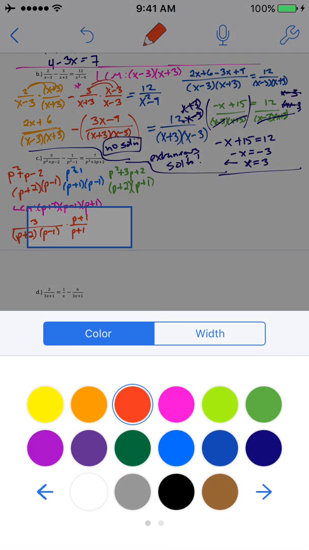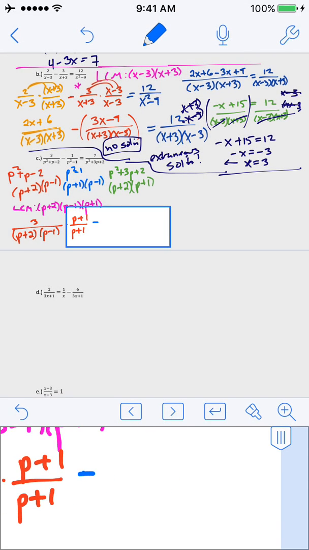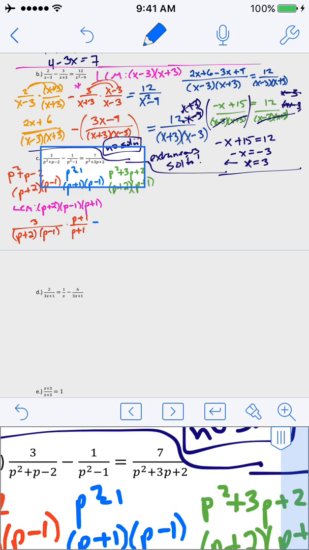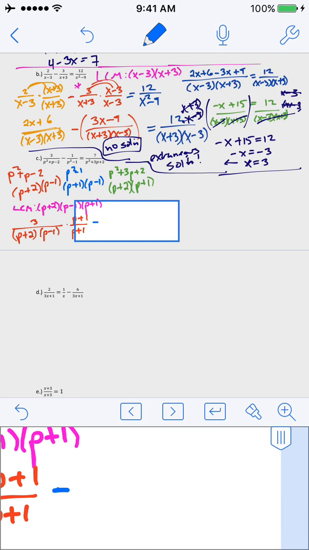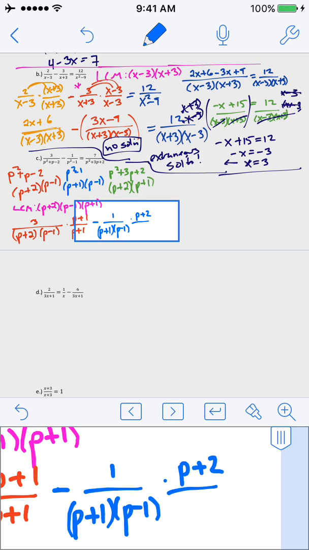My second term is going to be minus 1 over p plus 1, p minus 1. And what's missing there is the p plus 2, so we'll do p plus 2 over p plus 2.